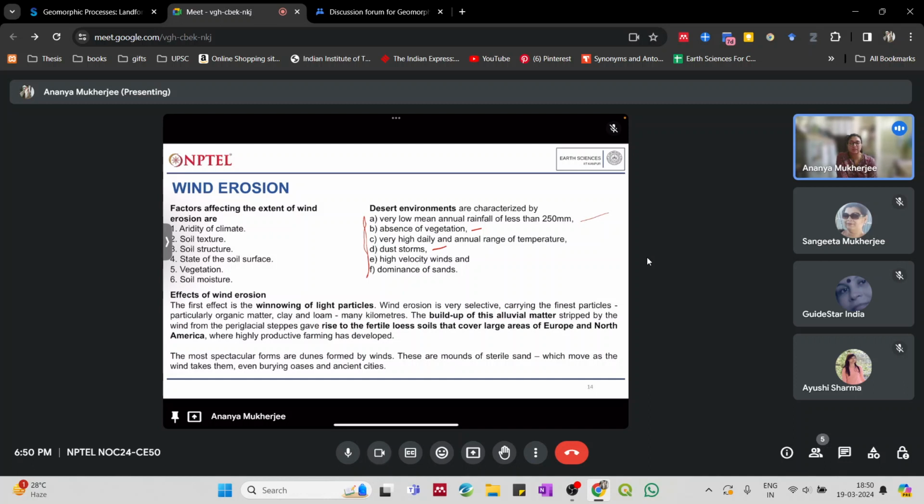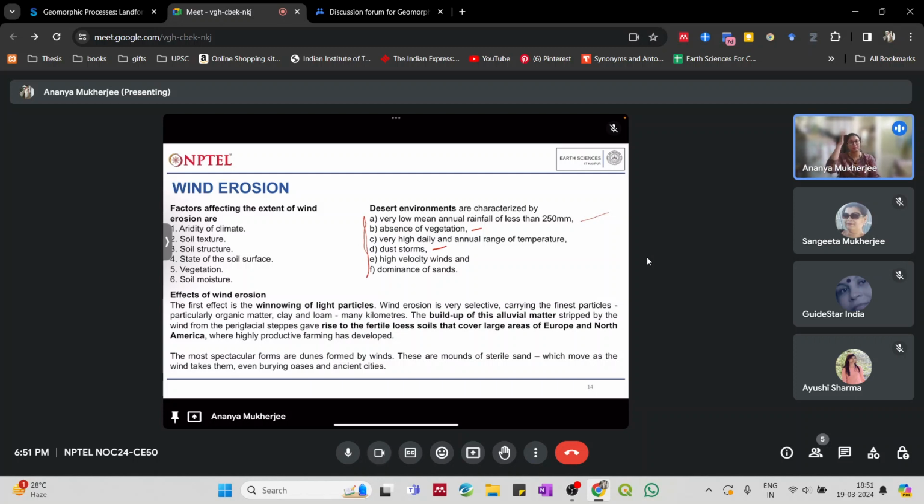Then what are some of the effects of wind erosion that we see? As we said, the transport of small sized particles is the first thing that we see. The finer particles, like organic matter, clay and loam, can be carried from one place to another over very great distances, and this matter gets deposited in another area.